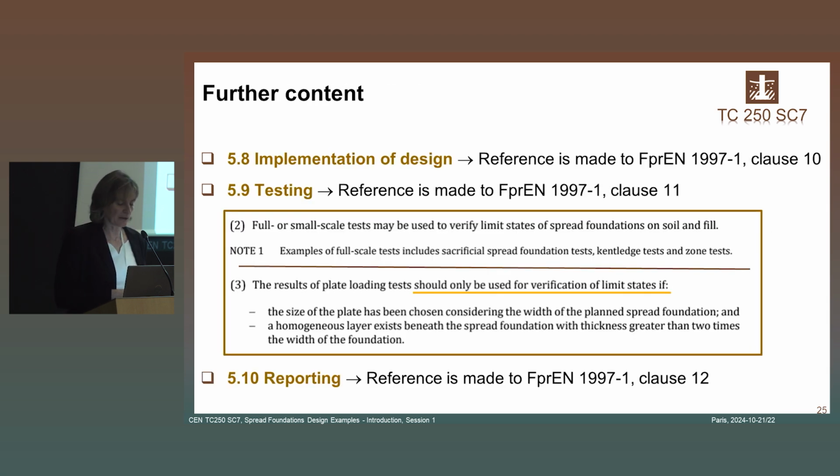Further contents deal with implementation of design, testing and reporting. I only want to point out, for example, the use of plate loading tests. There's clear guidance on when they can be used for the design of spread foundations, and only if the size of the plate and the size of the footing are considered, so that they are representative of each other.